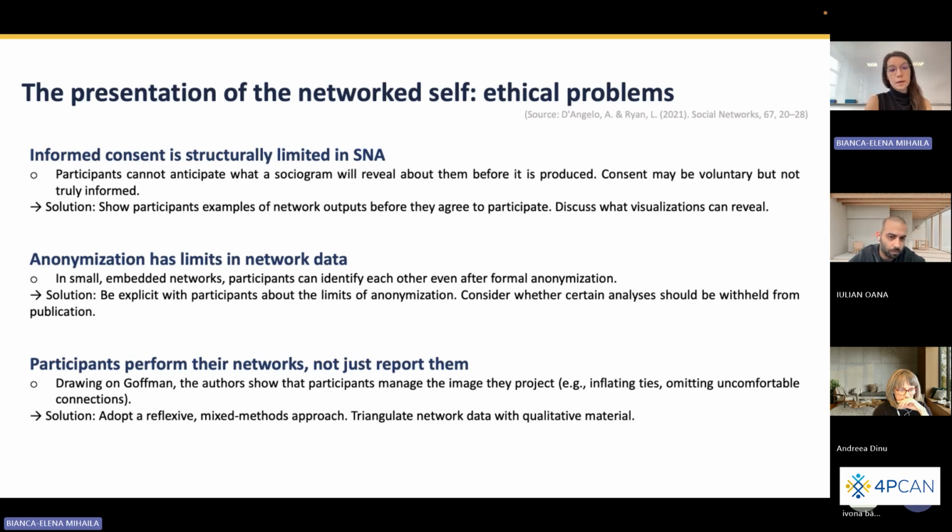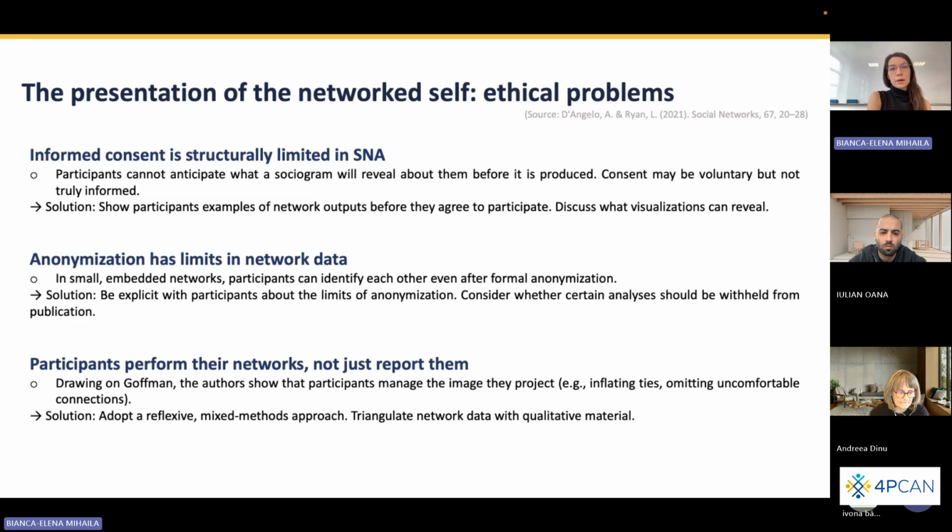And the main solution identified by D'Angelo is, when you are conducting a social network study, you should be, of course, transparent and show participants some example of network outputs, and make them understand what type of data you are collecting in order to be sure that there is no psychological harm, let's say, to the participant.